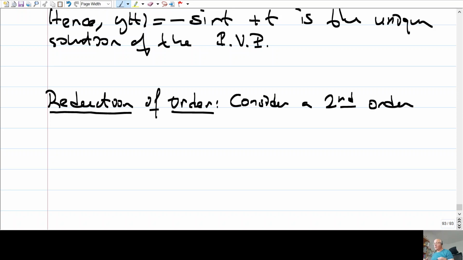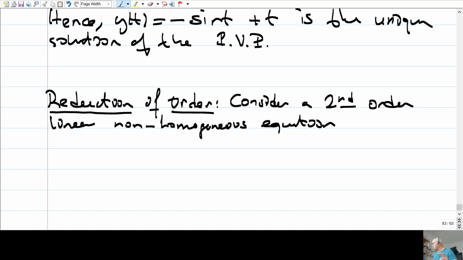It doesn't have to be second order, but let's just consider second order now.